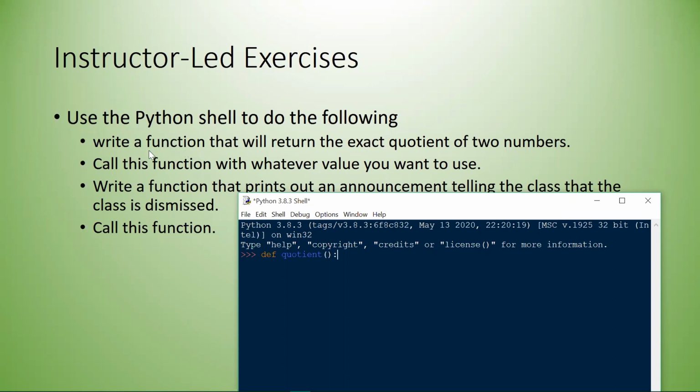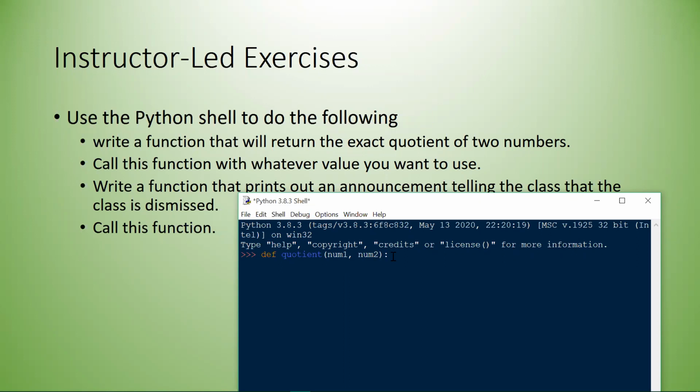In this case, it says write a function that will return the exact quotient of two numbers. So if you want me to give you the quotient of two numbers, then you must give me two numbers. So you must accept two numbers, num1 and num2, so that you can calculate, right, everybody? I hope you understand this.